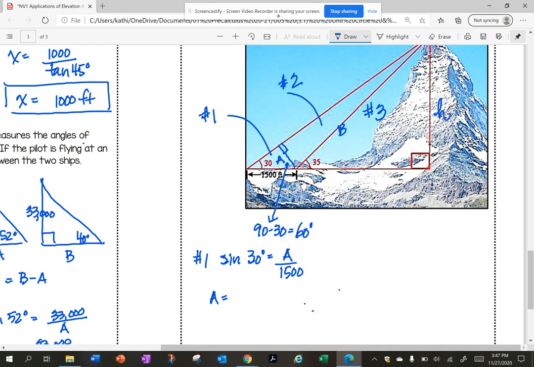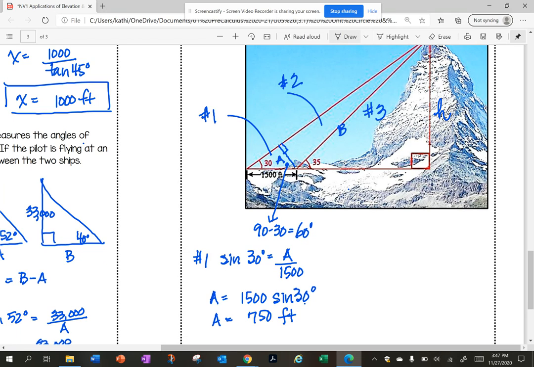So solving for A is 1500 times the sine of 30 degrees. When you're multiplying these, put the numbers to the left of the trig word. That's the standard way we see that. So the sine of 30 is a half. So I know A equals 750 feet.